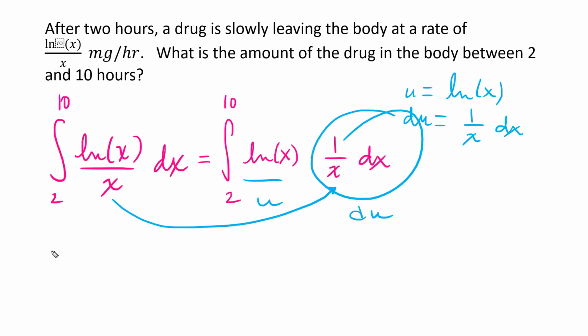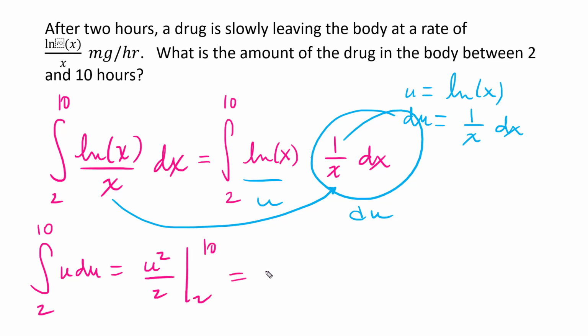So plugging things in, I get 2, 10. I'm looking here, ln of x is u. 1 over x dx is du. Antiderivative, u squared over 2 from 2 to 10. Plug u back in, which is ln of x squared.